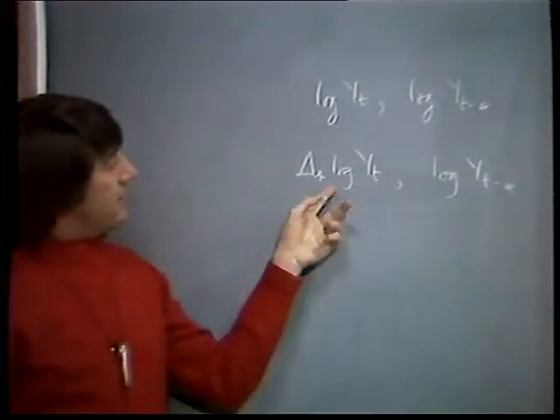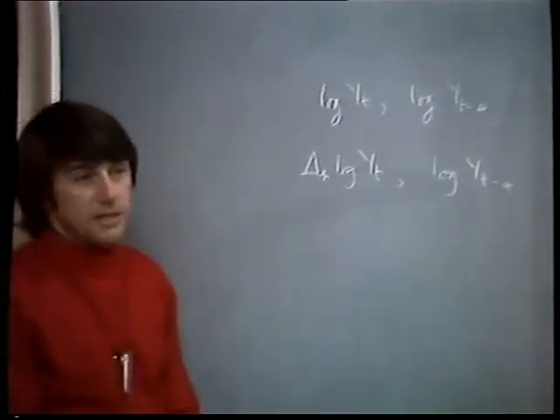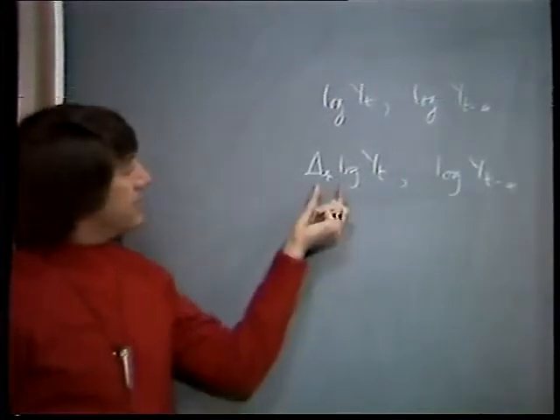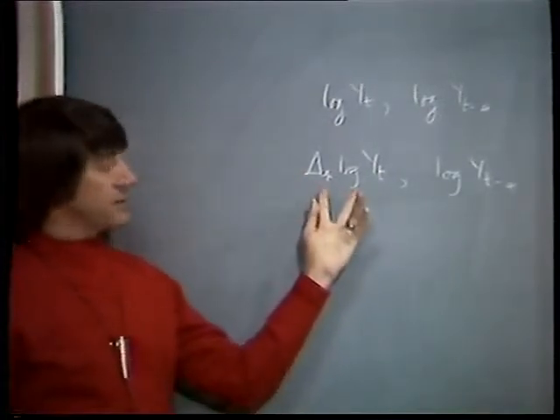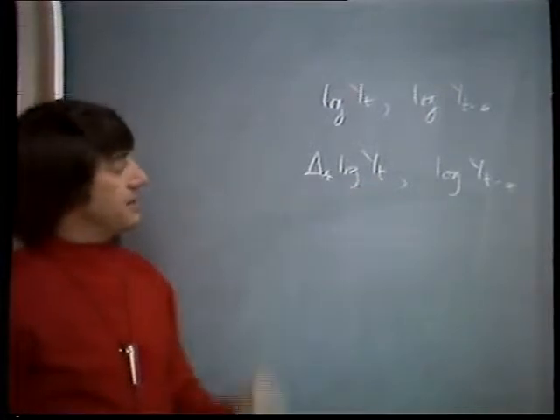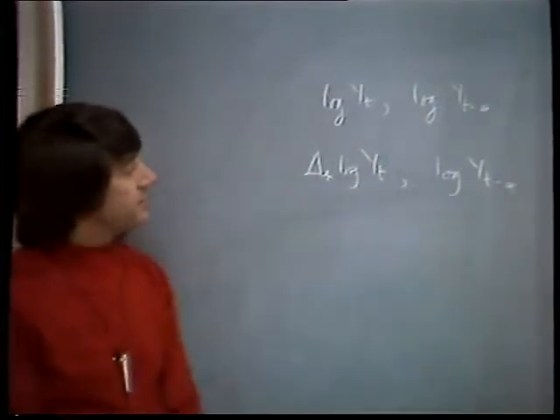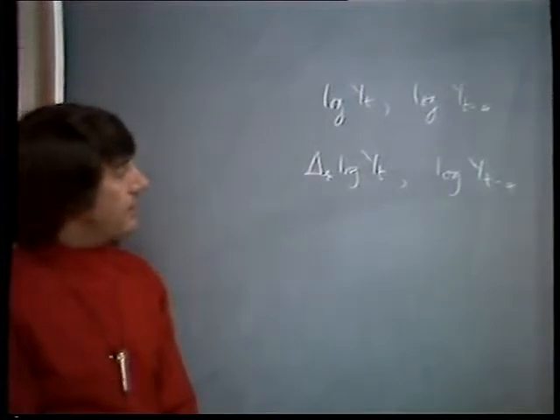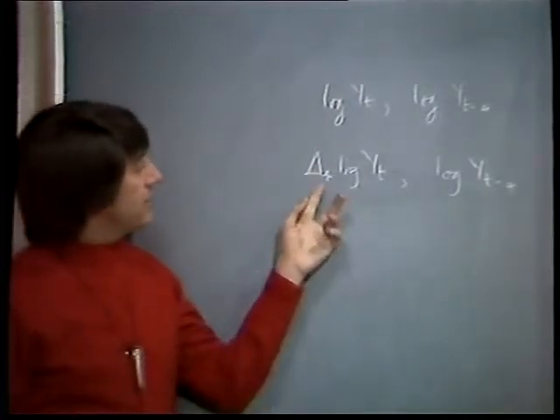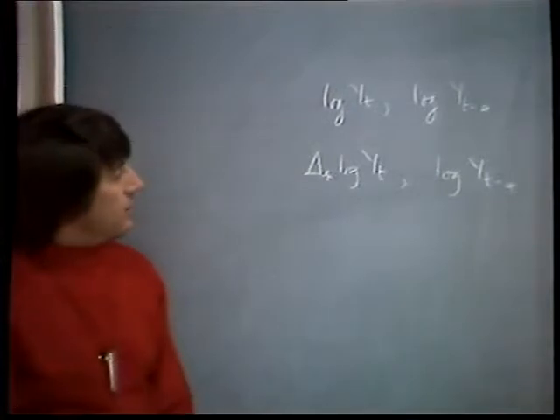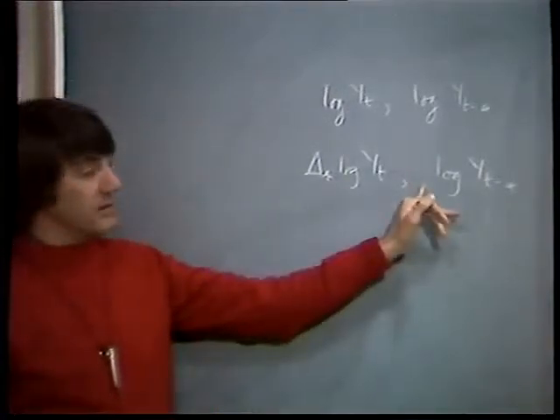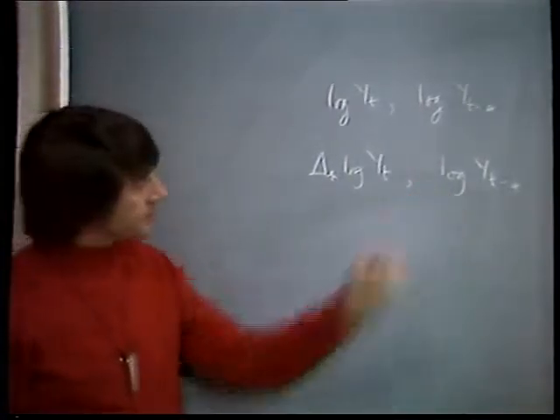These two variables are now likely to be much less collinear. The delta 4 is removing the seasonal component from Yt, and this is just representing the level of Yt. So if we have models in delta 4 and the level, we're likely to determine their coefficients more precisely.